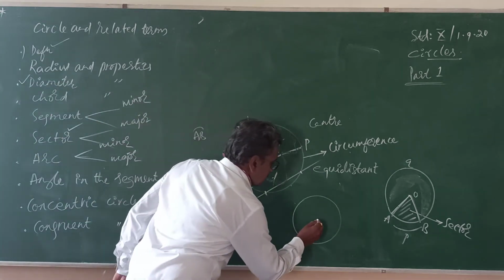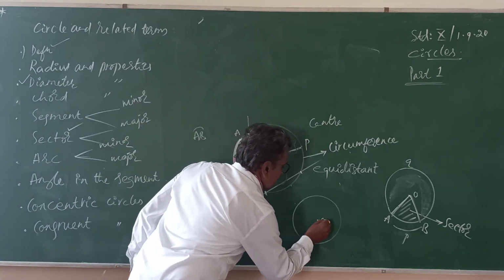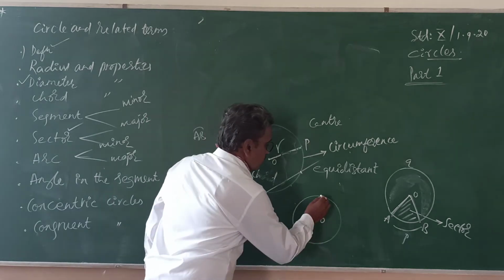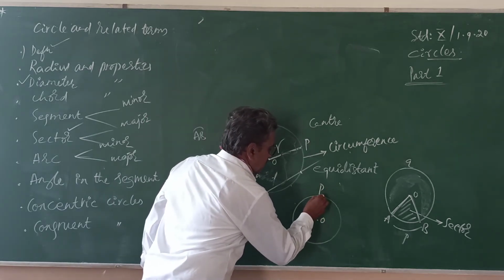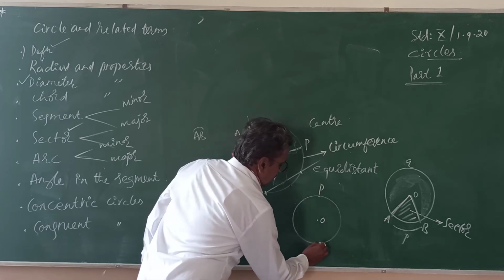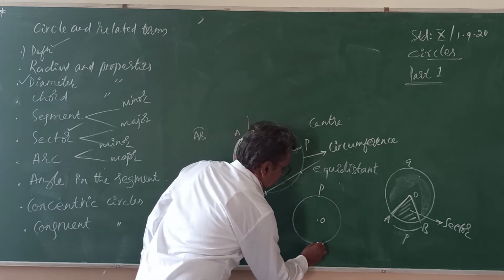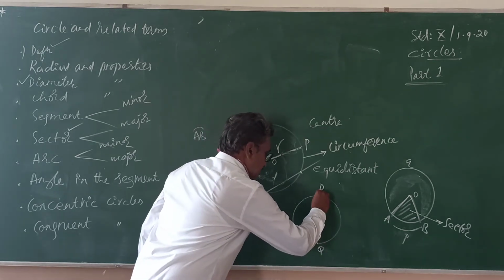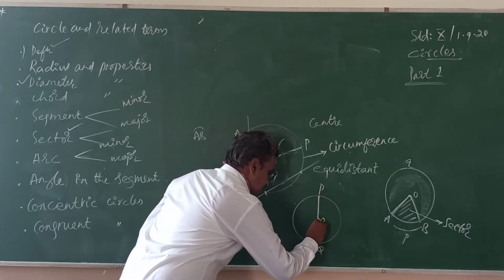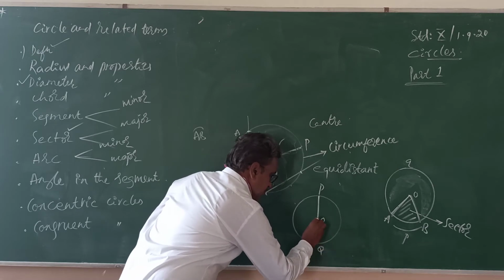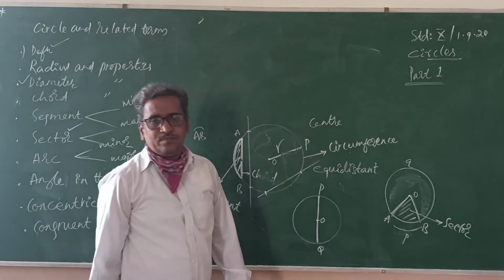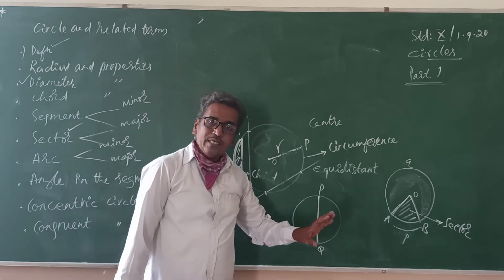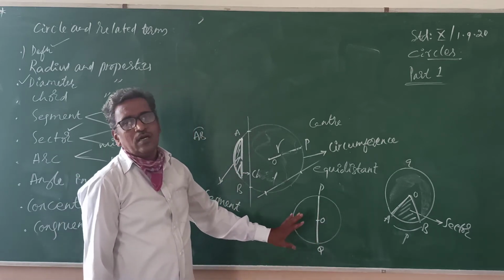O is the center of the circle. P is a point on the circle. Q is also a point on the circle. PQ is a line segment passing through the center. A line segment passing through the center is called a diameter.